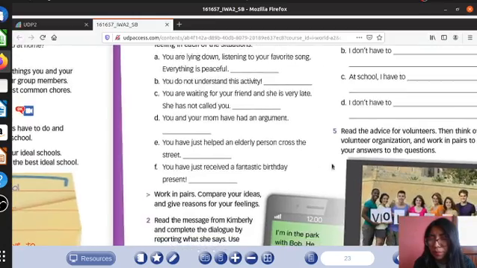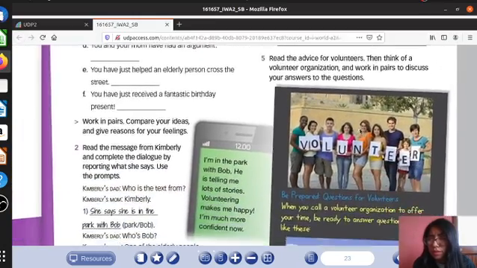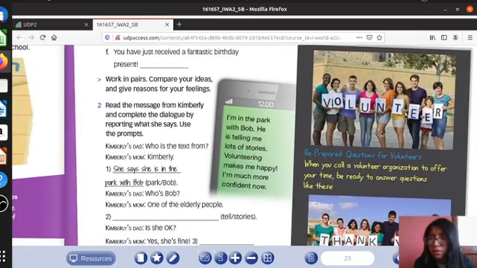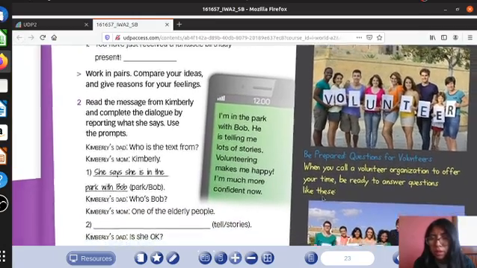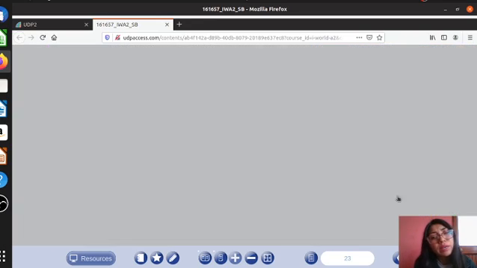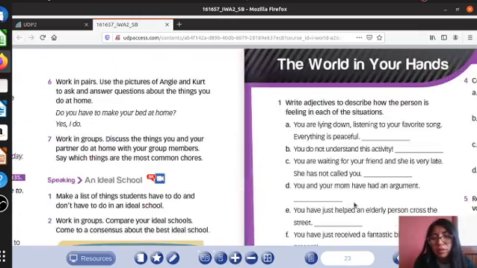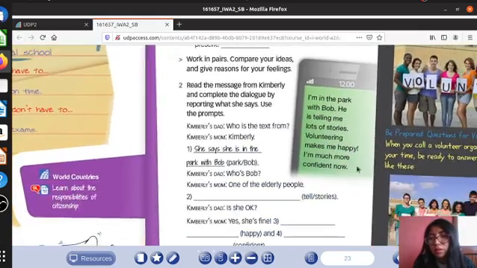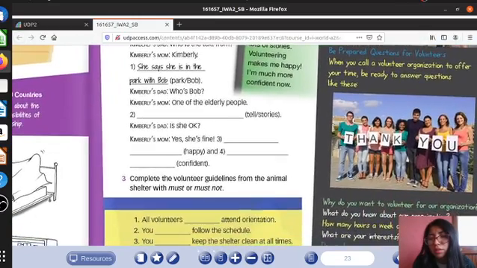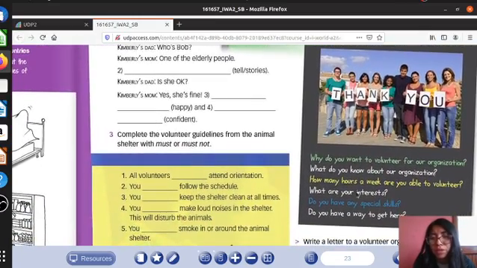Okay, so slowly. Okay, it says, be prepared. Questions for volunteers. When you call a volunteer organization to offer your time, be ready to answer questions like this. Okay, we are going to review the questions. So we are going to answer these questions. Okay, vamos a resolver estas preguntas.